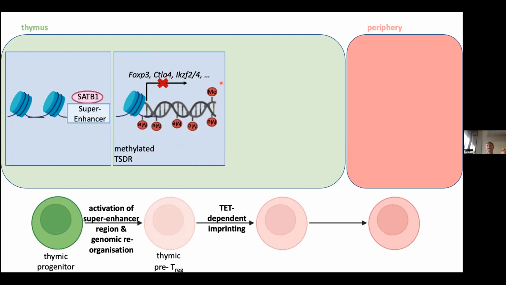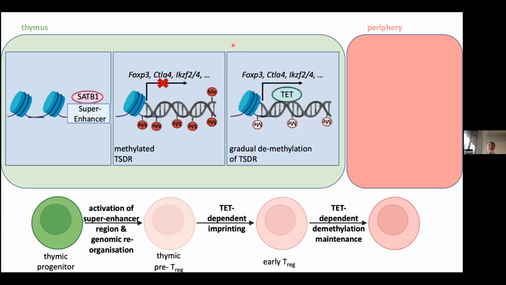And the hypomethylation of Treg-specific loci and the already present expression of FOXP3 are not necessarily going hand in hand, they're more or less going parallel, and then it merges together in the process of gradual demethylation of the Treg-specific demethylated regions in different Treg-specific genes, all coordinated by the TET enzymes.